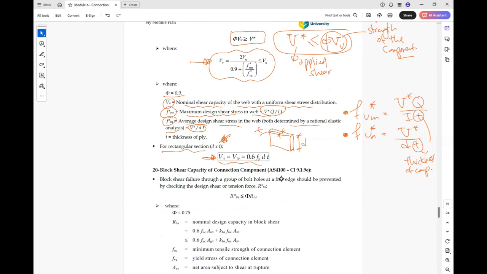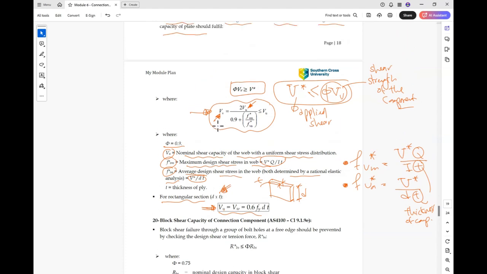So V_u will be equal to 0.6 f_y times d t. So if you want to check the shear for this plate, you need to find V_u from here, put V_u here, and find phi V_v. Then using phi V_v, you can check V star.